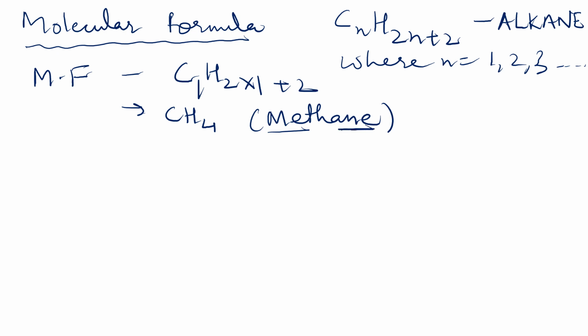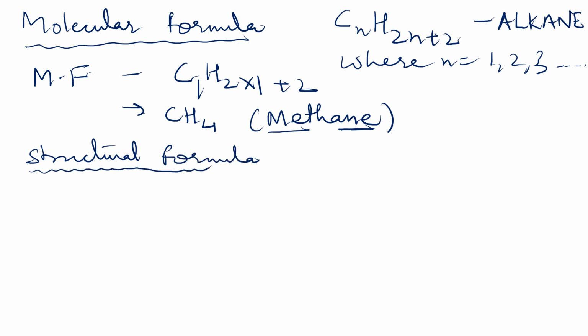Now, if I want to write its structural formula, structural formula means where we represent the bonds between carbon and hydrogen. So this is carbon and we are representing 4 bonds with 4 hydrogen.